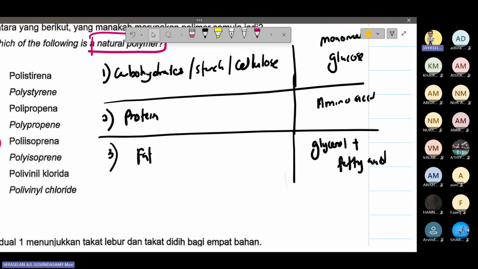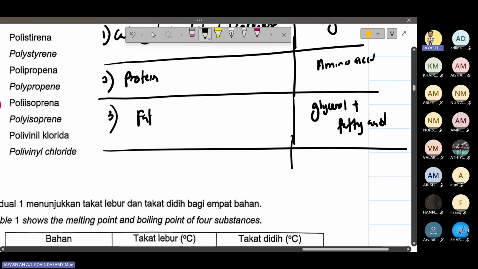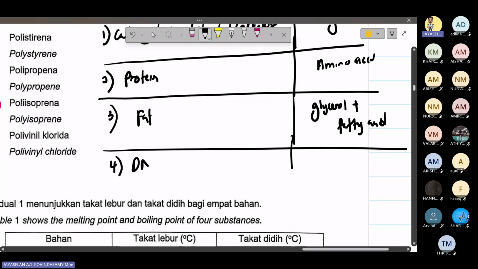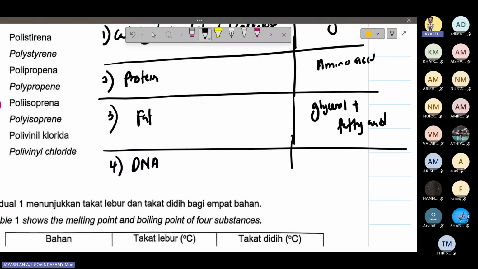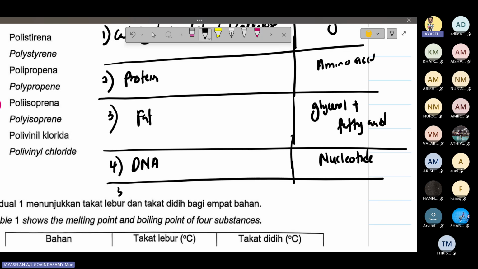Number four, you must remember DNA, deoxyribonucleic acid. The small unit is nucleotide. The last one is natural rubber.